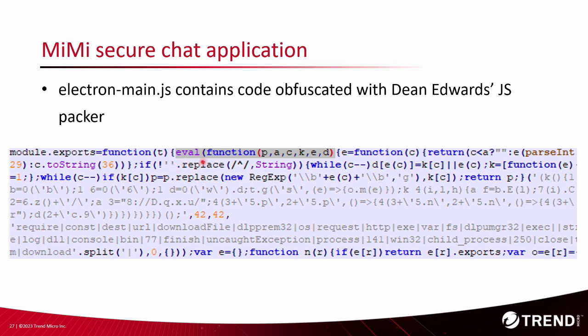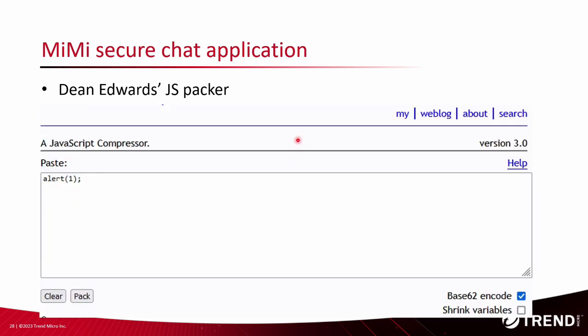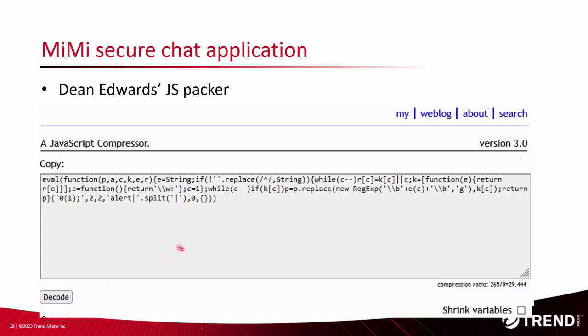It starts with the eval function and packed, and it resembles the marker of Dean Edwards' JavaScript packer, which is an online tool. You can go online, search for the compressor, paste some simple code there, click pack, this is the result, and the threat actor or the user can embed it into the JavaScript code.